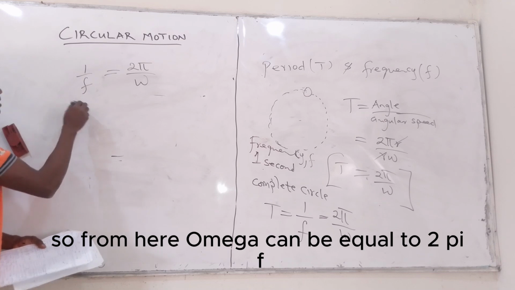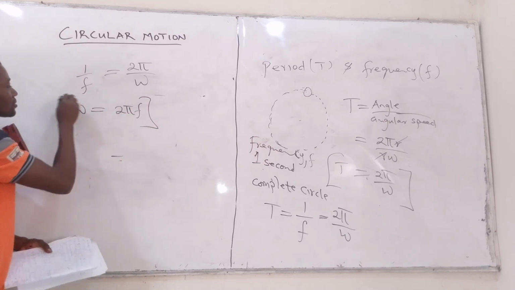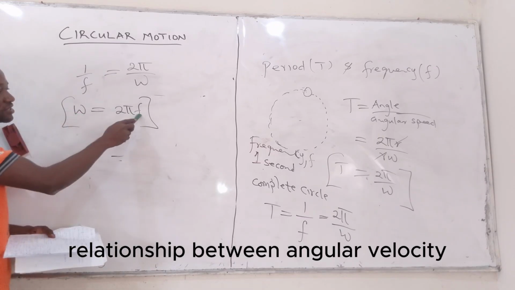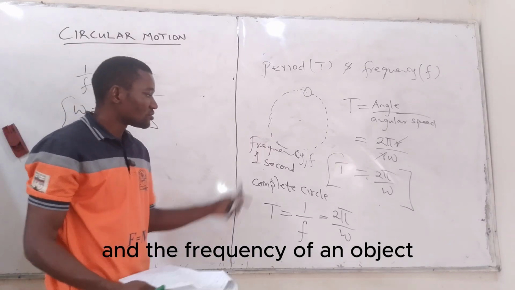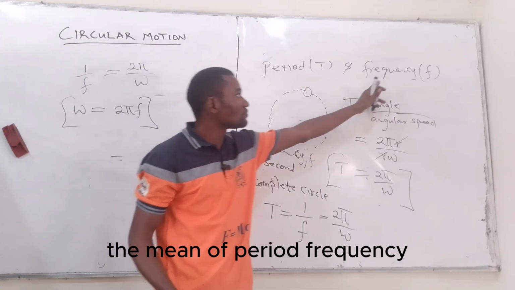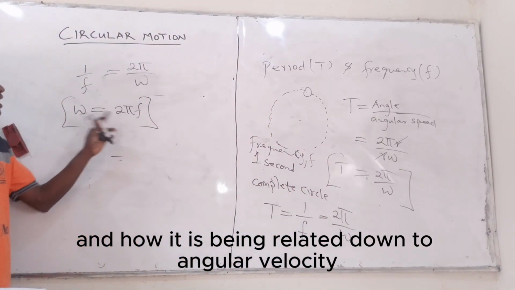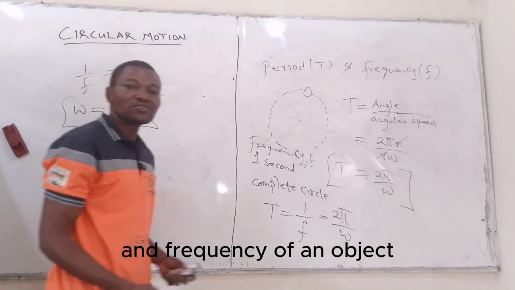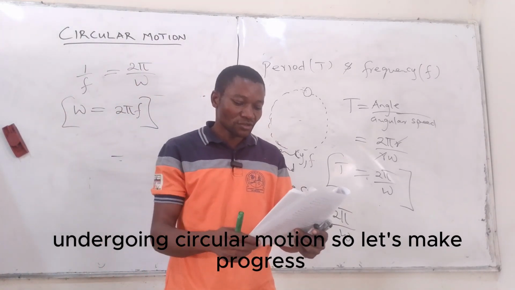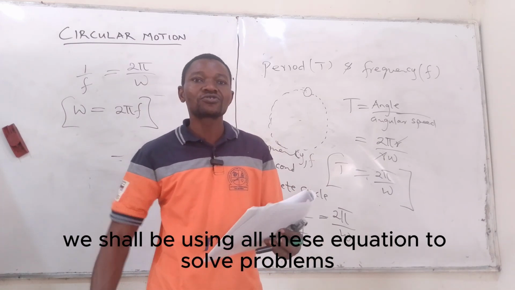So from here, omega is equal to 2 pi f. This is another relationship between angular velocity and the frequency of an object. So I believe you now know the meaning of period, frequency, and how they are related to angular velocity and frequency of an object undergoing circular motion. So let's make progress. We shall be using all these equations to solve problems.